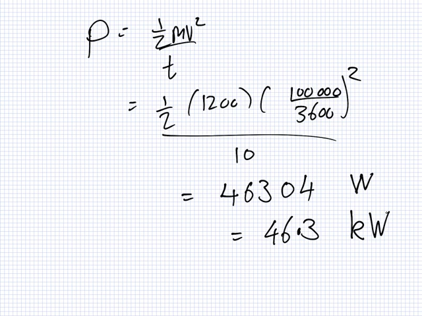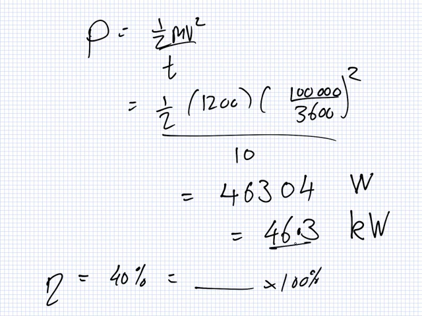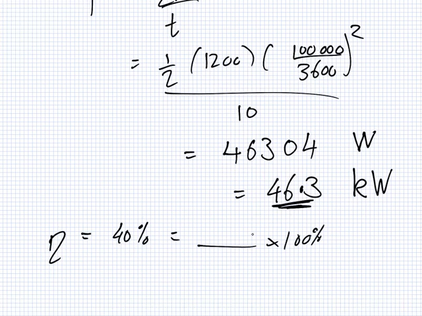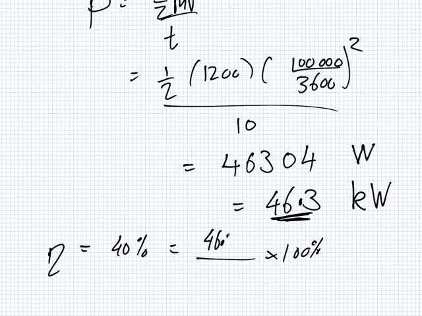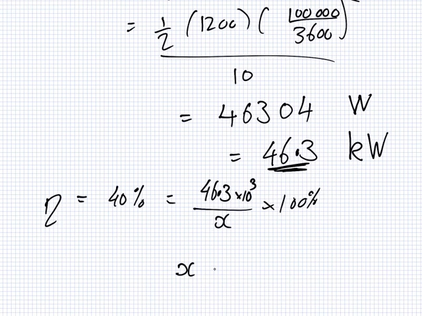Can I do another one here? The next part? So in the next part, it's 40% efficient. So now we have efficiency equals 40% equals. Now, which do we know, the top or the bottom, the input or the output? In other words, what is this? The output. Very good, the output. And the input is here. So the x should be 100, 10 over 4, 5 over 2, 20 something.